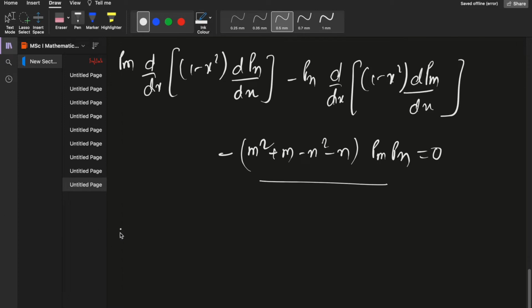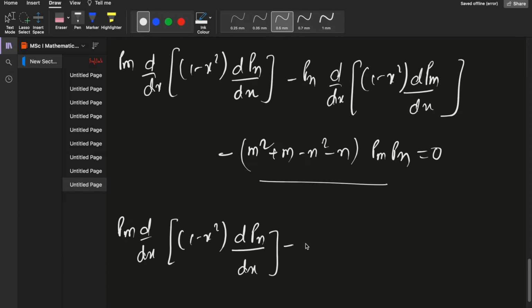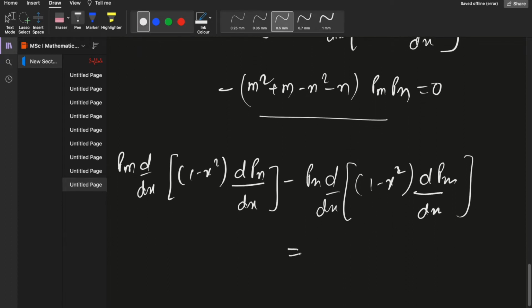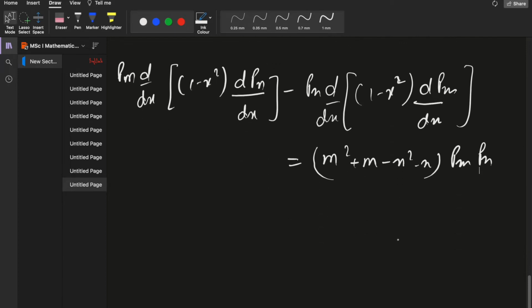So the final result will be P_m d/dx of (1 minus x square) dP_n/dx, minus P_n d/dx of (1 minus x square) dP_m/dx, is equal to, this is negative, so this becomes m square plus m minus n square minus n, times P_m P_n.